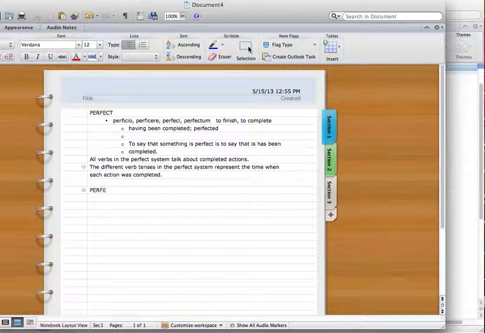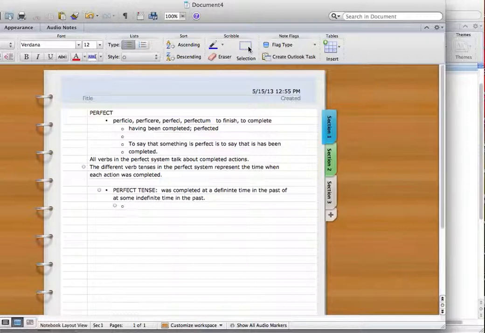We have the perfect tense, which we can say was completed at a definite time in the past or at some indefinite time in the past.